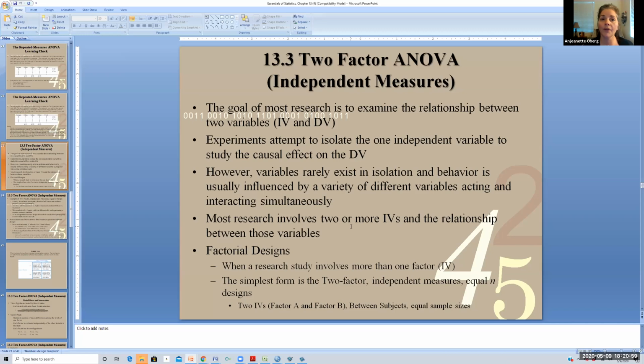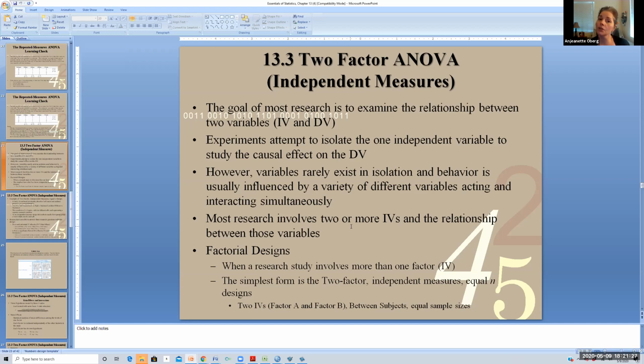If it is a within subjects design, the same people are in each group and they are being measured repeatedly, under the different conditions or over time, and therefore we use a repeated measures one-way ANOVA. So it's really important you understand when there's only one independent variable, we use a one-way ANOVA. You have to determine whether it's between or within to determine if it's independent measures or repeated measures.